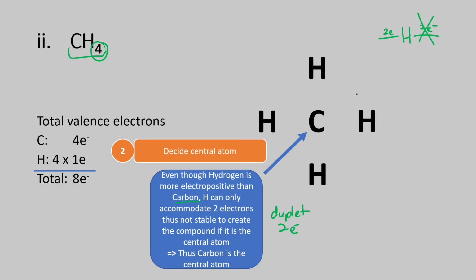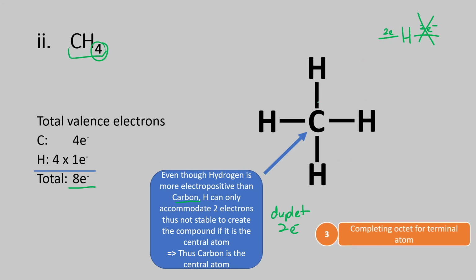So we have decided the central atom, and then we use these 8 electrons to fill up the outer atoms first.